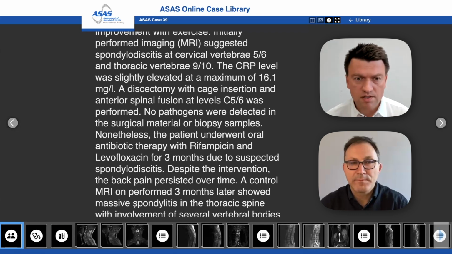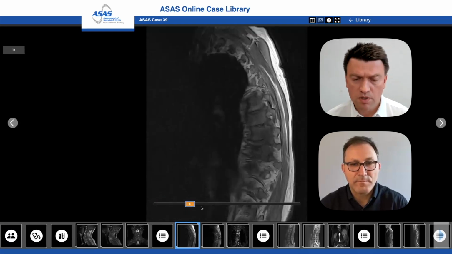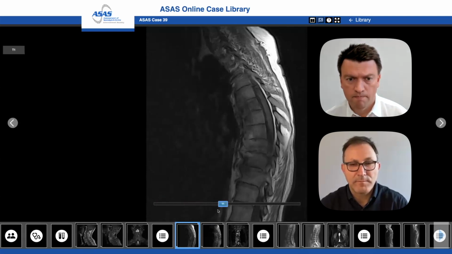In addition to this, the pain, especially in the thoracic spine, was persisting, and that was the reason why a few months later, a second imaging was performed, focusing on the thoracic spine, and now you can see what happened there.